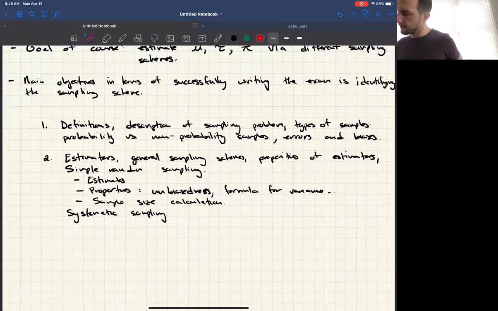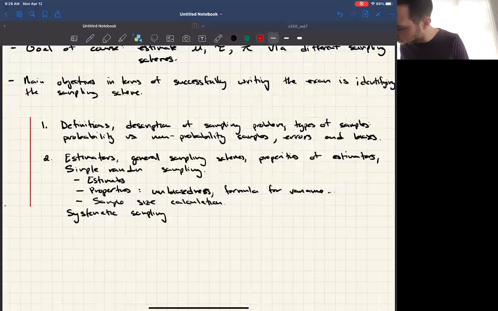Right, and then this material to about here, give or take, this was what made up the first quiz in the course. So this is where we left off on Q1.